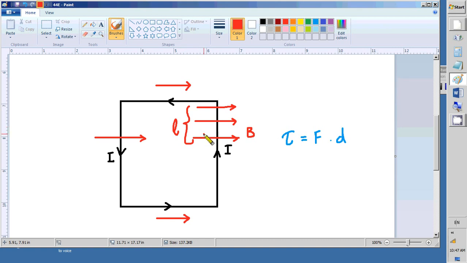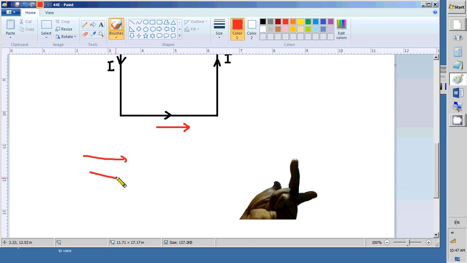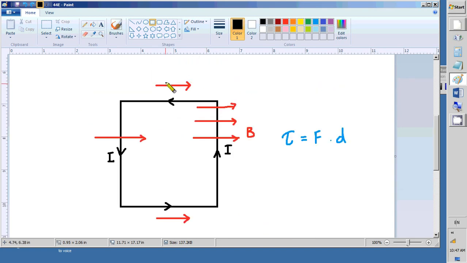Somehow there should be a length where the field is available, hooked with this conductor. It should be hooked. Hooked means penetrate. If the magnetic field is somewhere else, like this, and the conductor is somewhere else, like this, we can't get such a force then. That is why we say the hooked flux. That is important. That means the field lines must go through this wire.